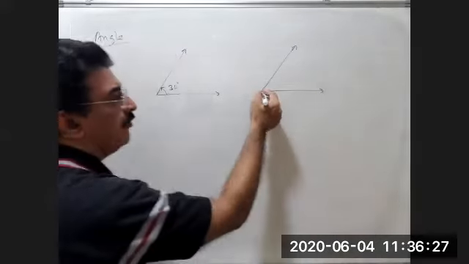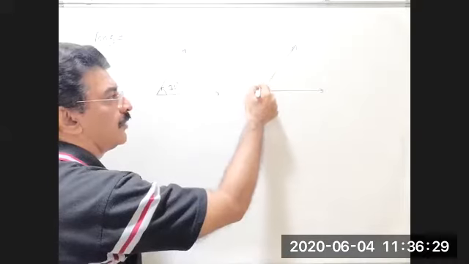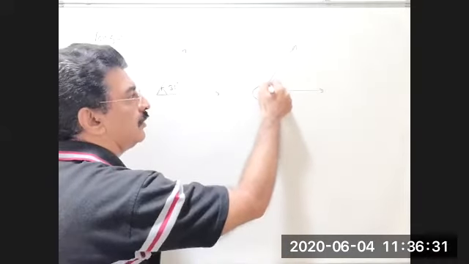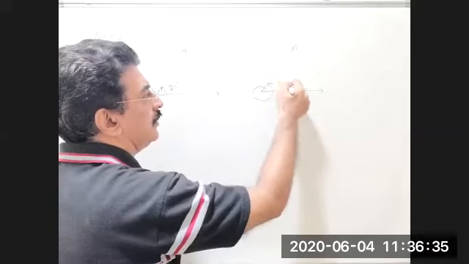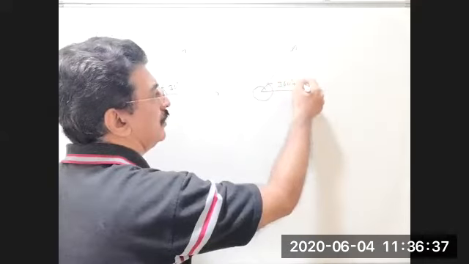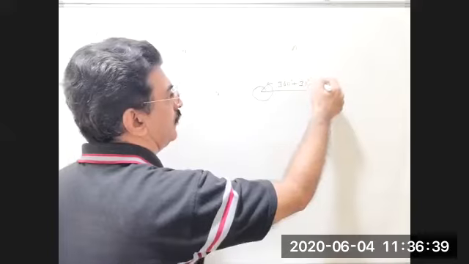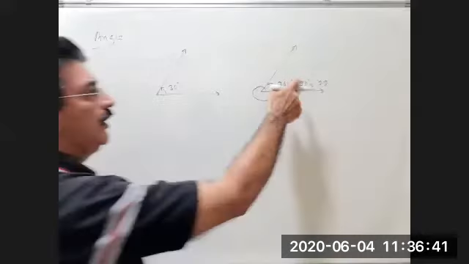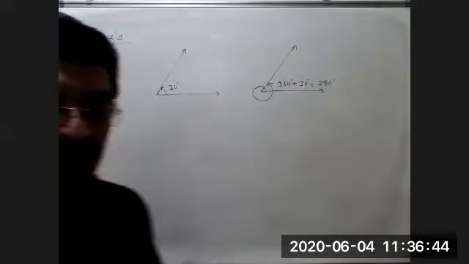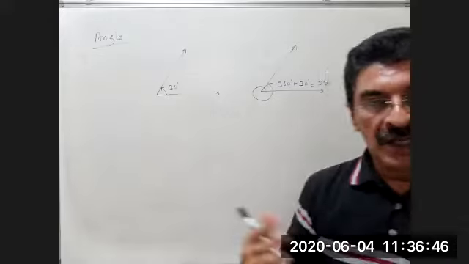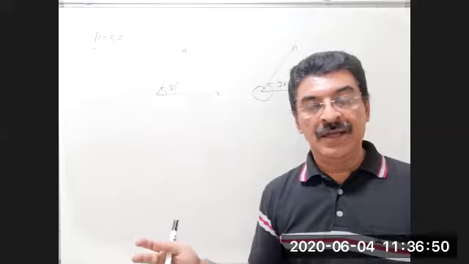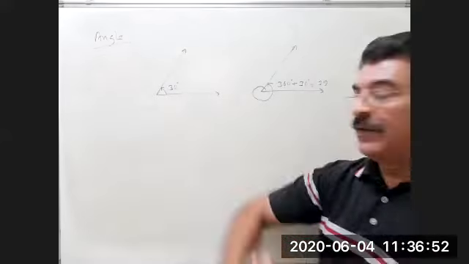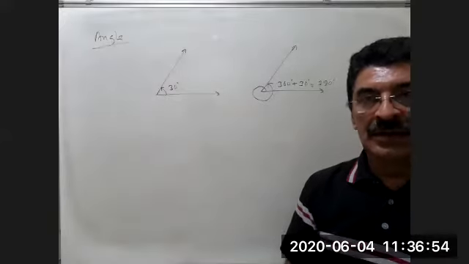Again, same thing. But here, while marking it, they complete one full revolution, that means write 360 plus 30. This is what we wrote just now. So the position of the terminal ray remains the same for 30 degrees as well as 390 degrees.